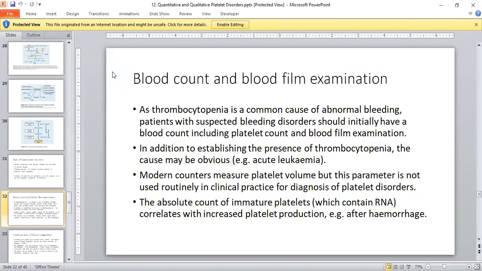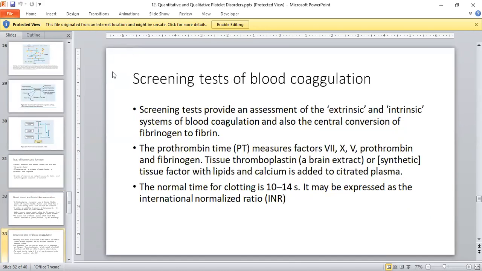So when someone presents with problems with their clotting, some of the simple tests you'll do, of course, you'll do a blood count to help you identify whether thrombocytopenia is present. A blood film will also be important to observe the platelets and see whether they're morphologically normal, and also their count: are they enough, or is there thrombocytopenia?